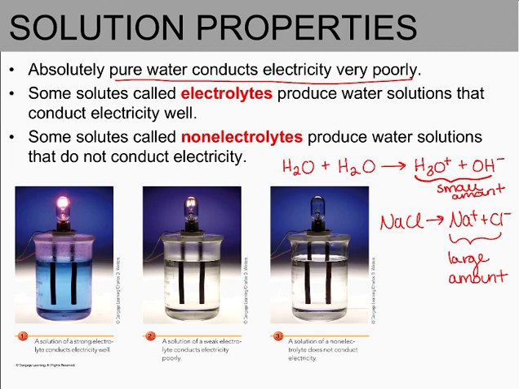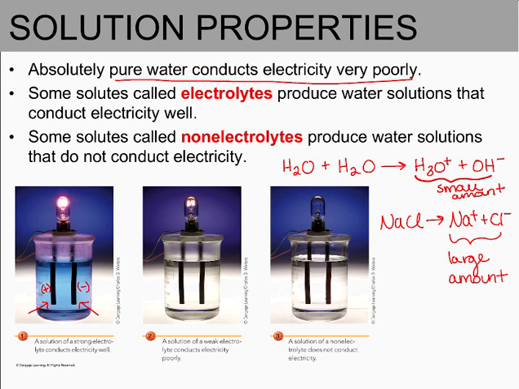So if we have a lot of electrolytes in solution, and then let's say we put two electrodes into that solution, and let's say one electrode is positively charged and one is negatively charged, the positive electrode will attract the negative ions, and the negative electrode will attract the positive ions.